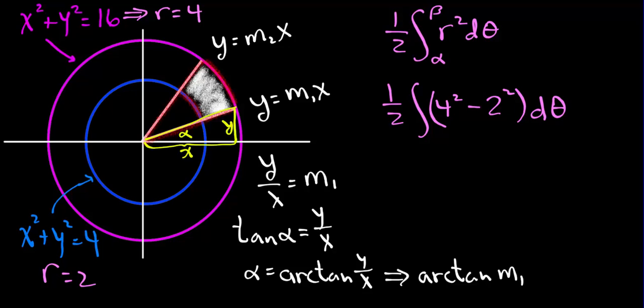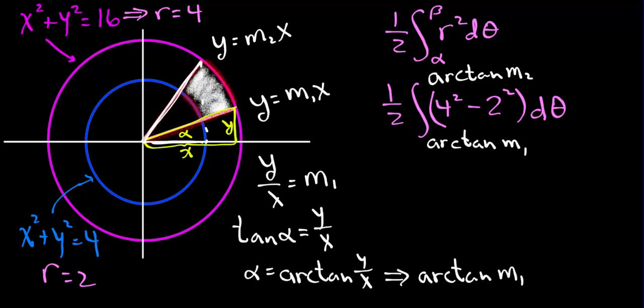So I'm going to integrate from arctan m1. And by the same reasoning, up here we could do the same thing. This distance here is x, and the vertical distance is y. So this would be arctan of m2.